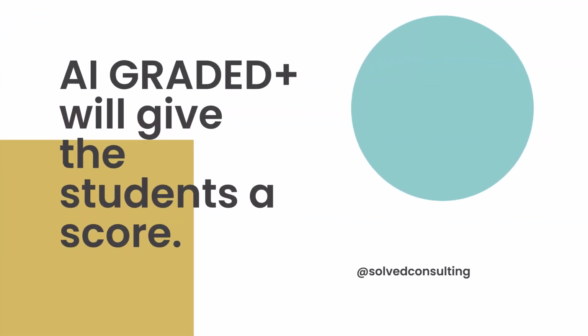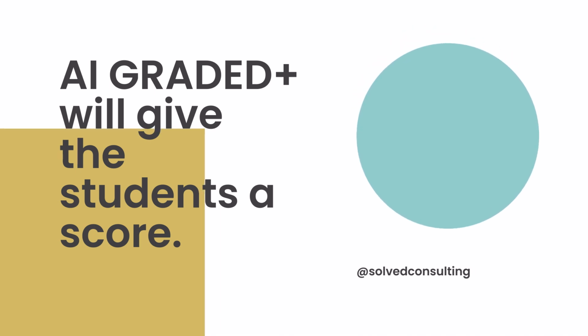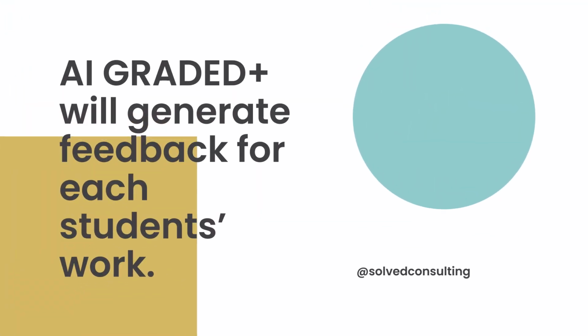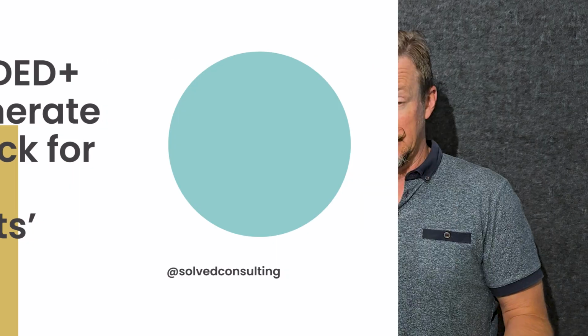Then it's going to give the students a score based on a rubric. And the very exciting thing that Jen and I have been talking about is it's going to generate feedback for them that you will have the opportunity to read and edit beforehand. So this is very much not taking you out of the mix. This is your digital teaching assistant.